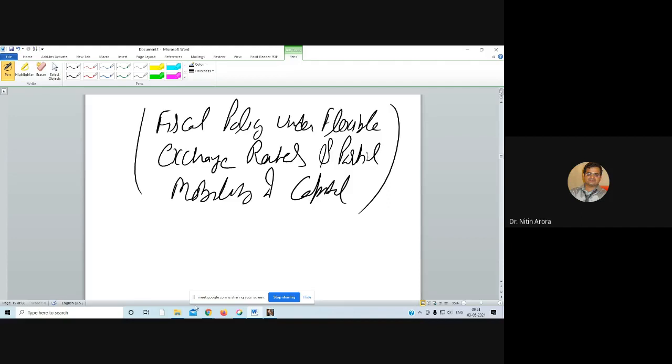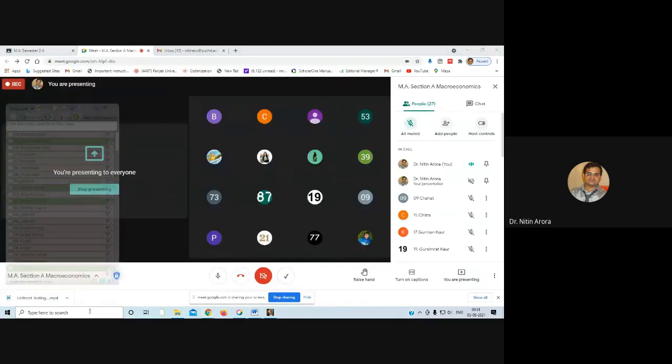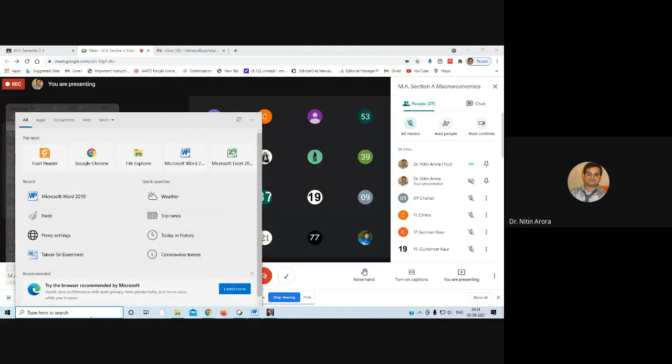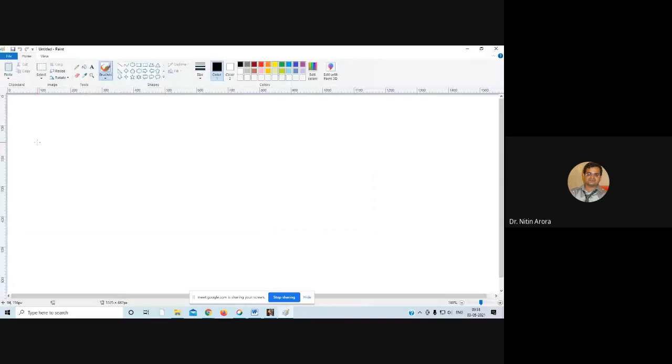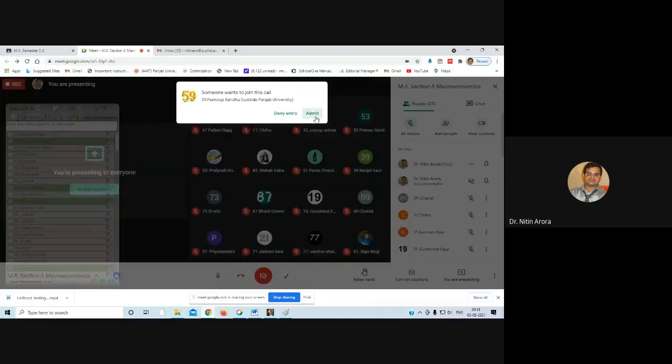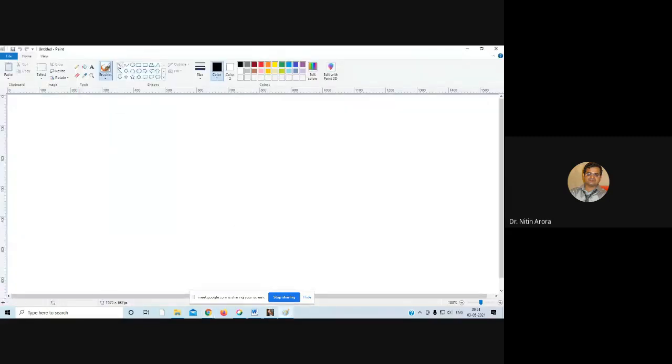Now, to discuss this, let us make the four-panel diagram in paintbrush. Let us draw the four-panel diagram like we were drawing earlier.